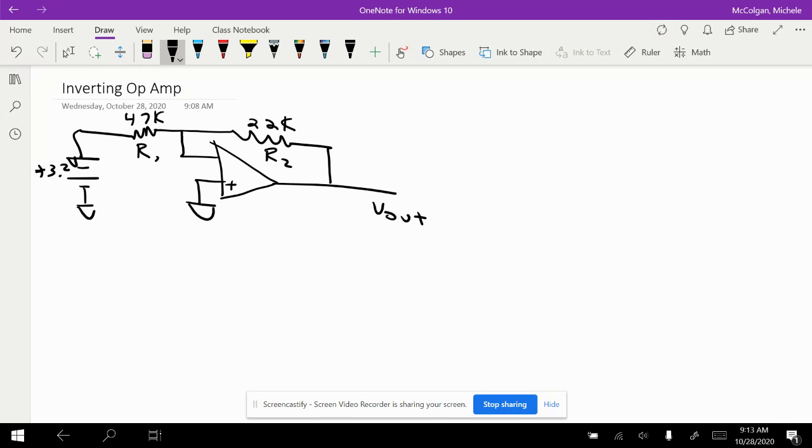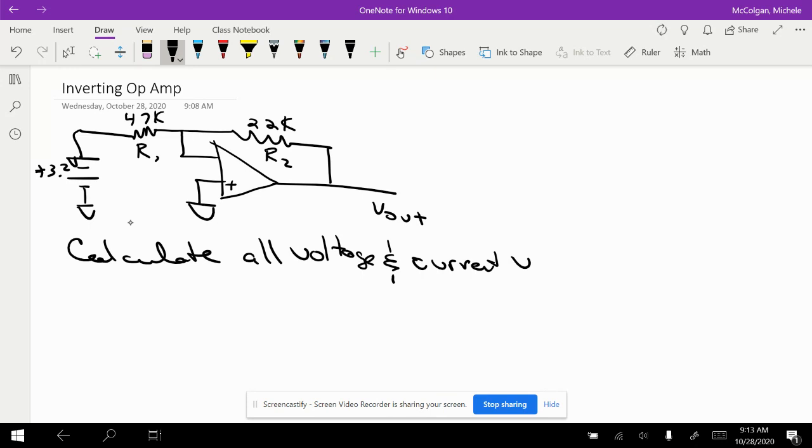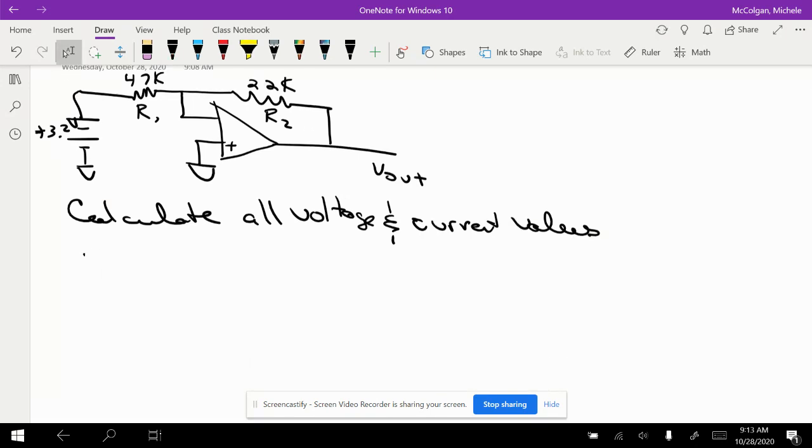Okay, and so what we need to do is calculate all voltage and current values. All right, so first things first is the first golden rule of op amps is that we match the inputs. And what does that mean?